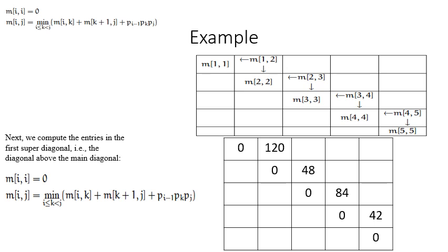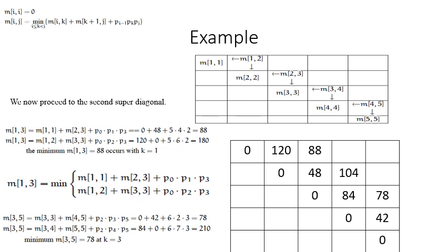For this we are multiplying matrix 2 with matrix 3, and k could be equal to 2. We are getting this result 48. Next we are multiplying matrix 3 with matrix 4, so k would be 3, and in the next k would be 4, and we are having the values 84 and 42 that are entered in the table.